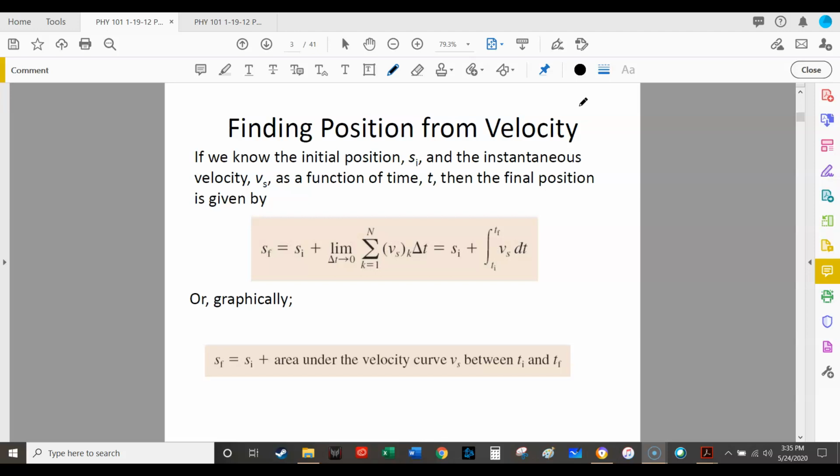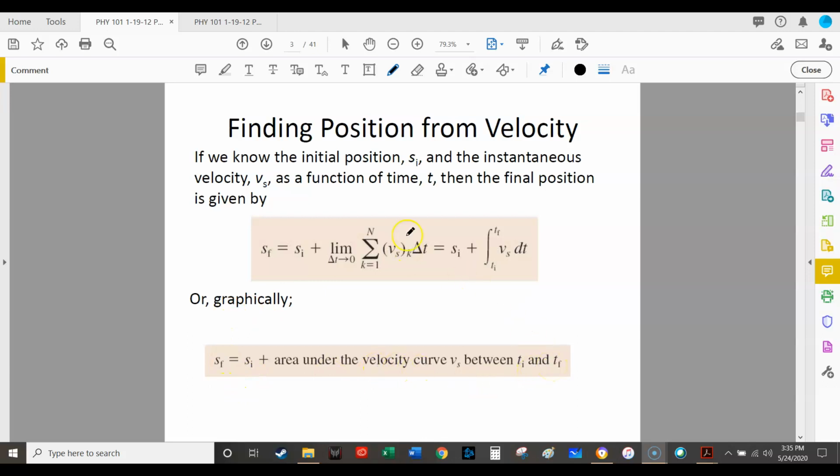Well, a secondary usage of a velocity versus time graph, other than just seeing what the velocity is over each increment of time, is that the area under the curve, relative to the 0 meters per second mark, will actually tell you the displacement of the object.